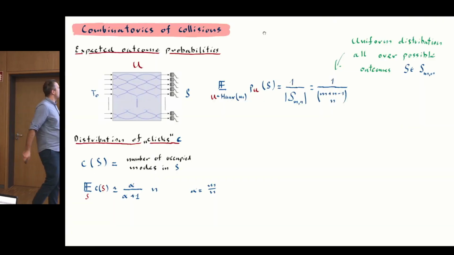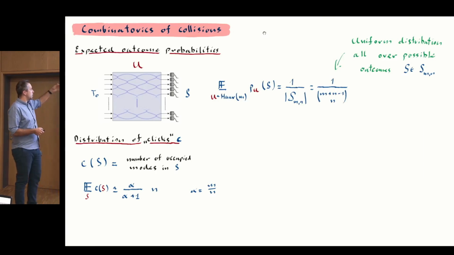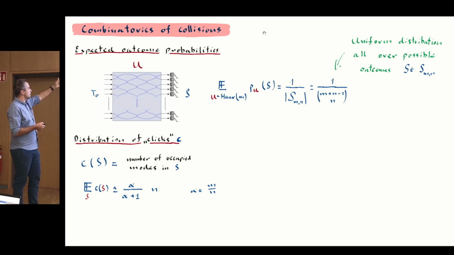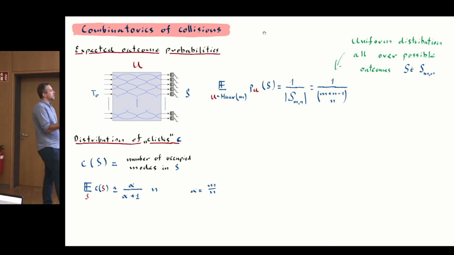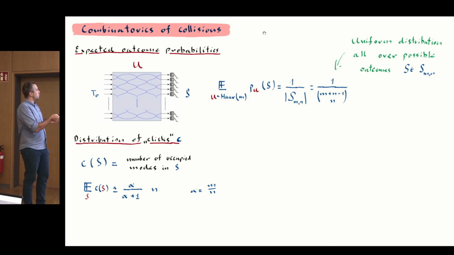Good. And now, some property that we are after is the number of clicks in the output. So the number of modes for which we have at least 1 particle in the output. I call it the number of clicks. How many detectors clicked with at least 1 photon?